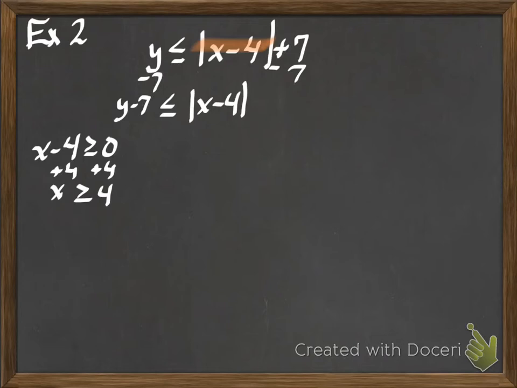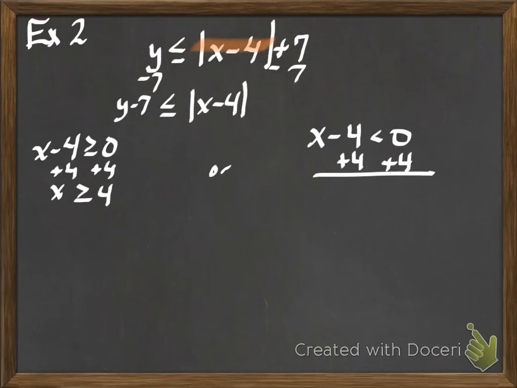The other scenario is x minus 4 is less than 0, which we add 4 to both sides, giving us x is less than 4. So those are the two scenarios we are working with. Let's go through and solve each of these.